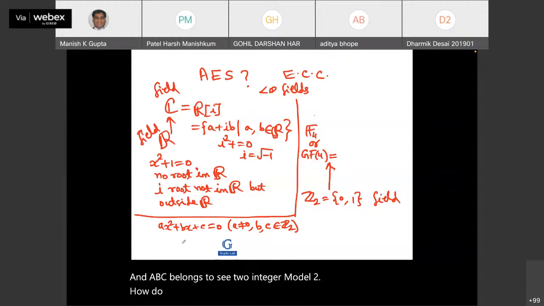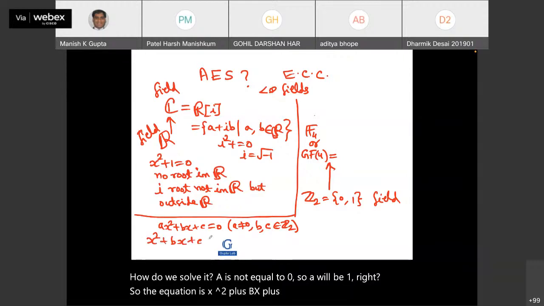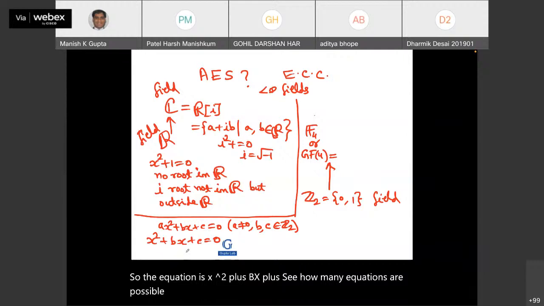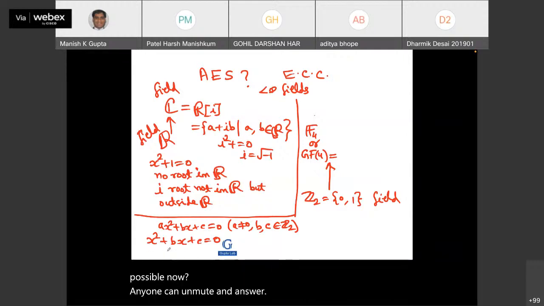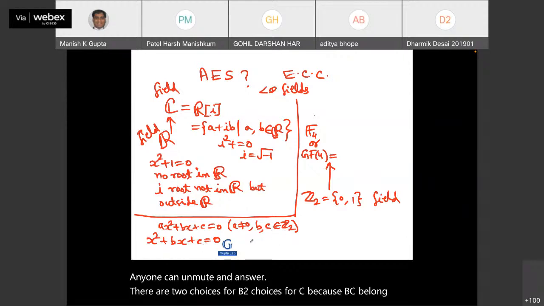How do we solve it? a is not equal to 0, so a will be 1, right? So the equation is x squared plus bx plus c. How many equations are possible now? Anyone can unmute and answer? There are two choices for b, two choices for c, because b and c belong to Z2. 4 equations.